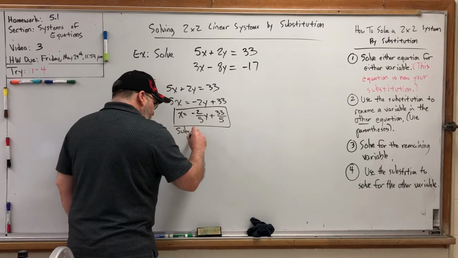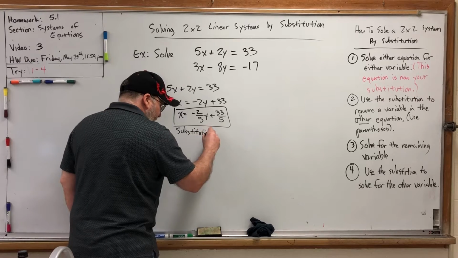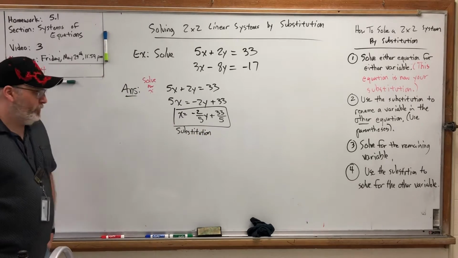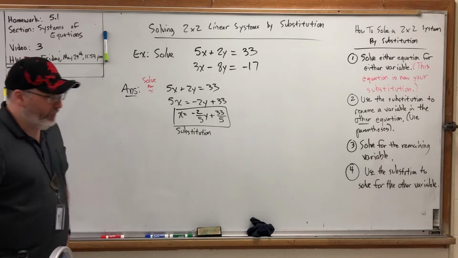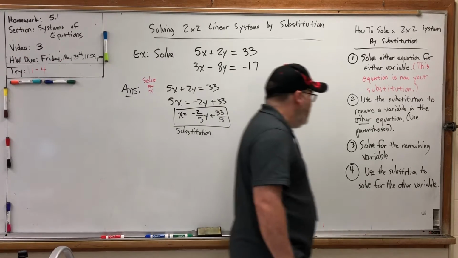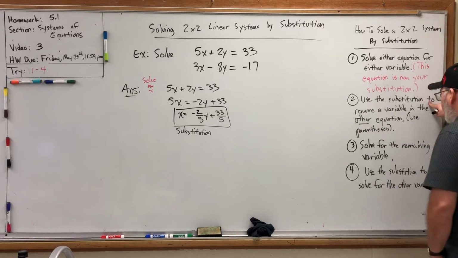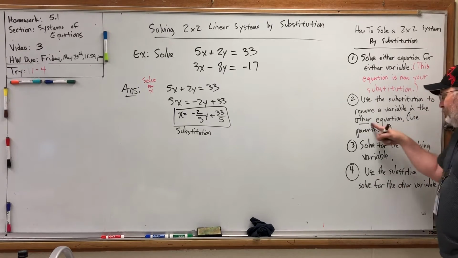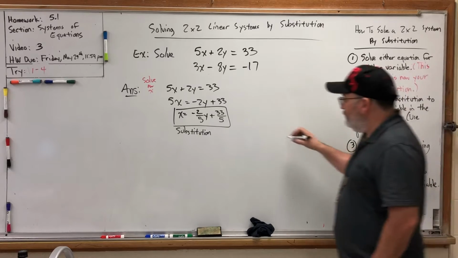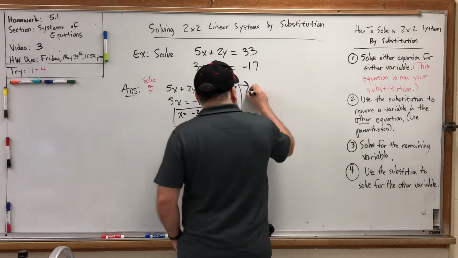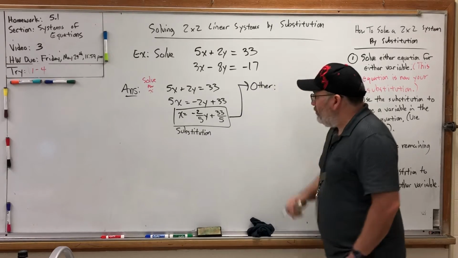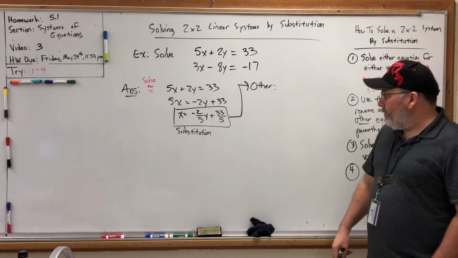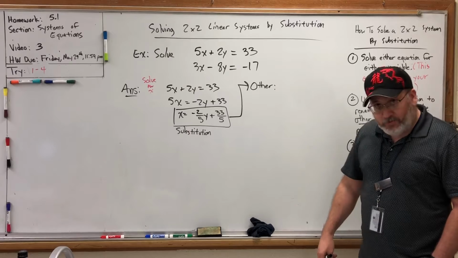This says, anywhere there's an x, we may replace it with -2/5 y plus 33/5. And remember, when you use the substitution to rename a variable, you do it in the other equation and you use parentheses. So let's go to the other equation. We used the first one to create the substitution, so we'll use the other equation to implement the substitution.